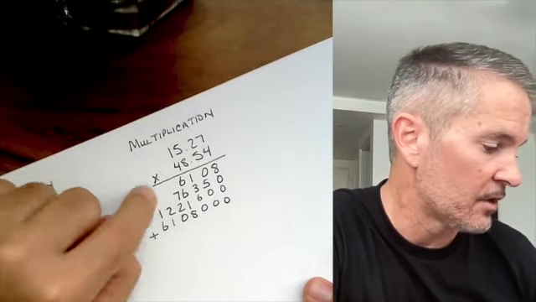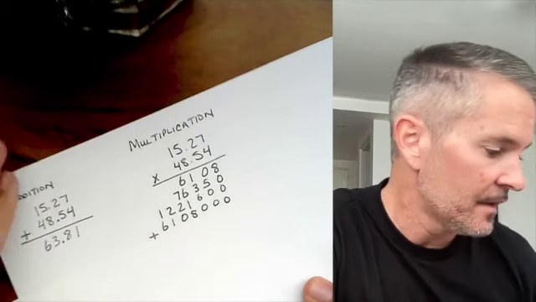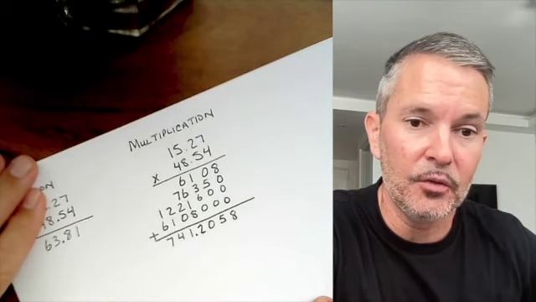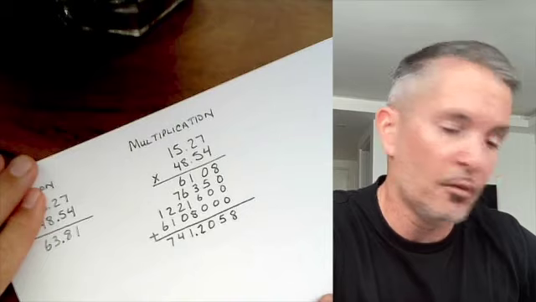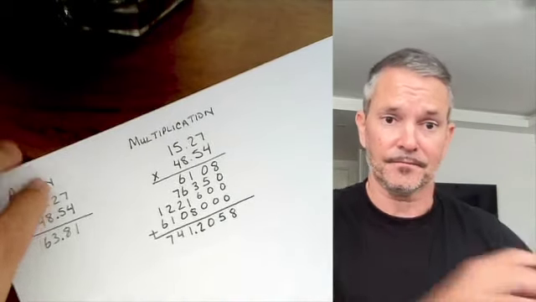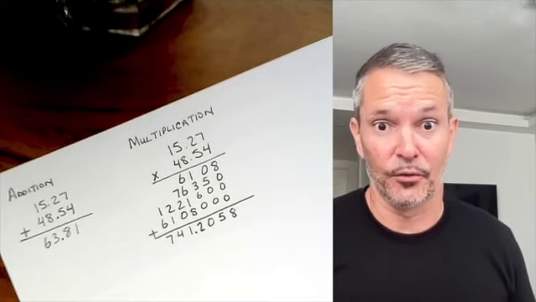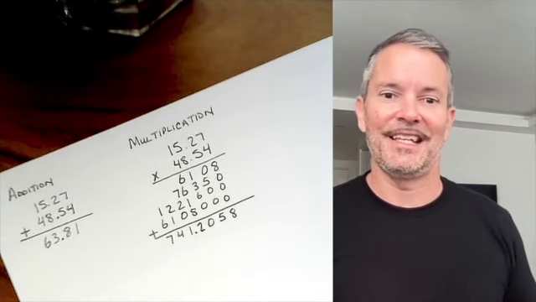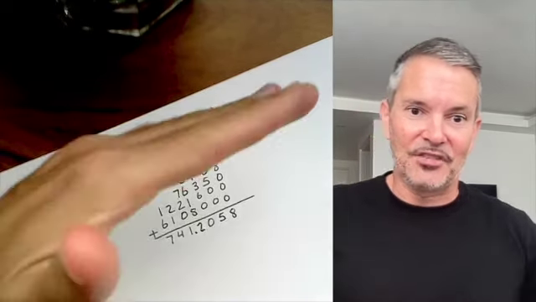Finally, you'd multiply the 4 times 15.27, and you'd get this number. Then you'd add them all up, and you'd end up with 741.2058.